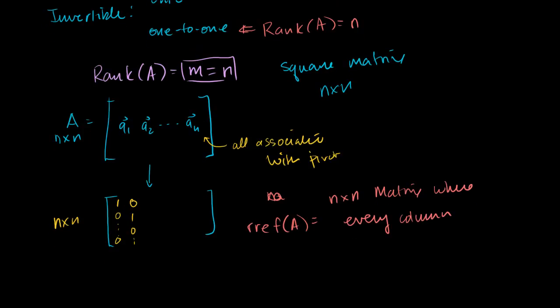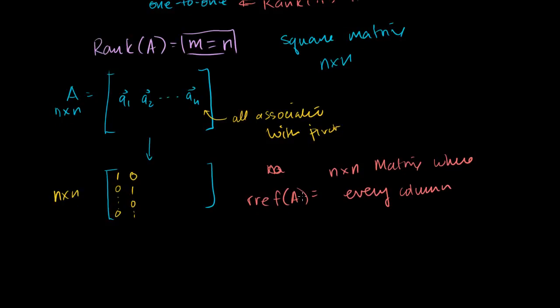By definition of reduced row echelon form, you can't have the same pivot column twice. It's a little bit redundant, but I think you get the idea. So what is an n by n matrix where every column is a linearly independent pivot column? Well, that is just a matrix that has ones down the diagonal, and everything else is a 0.